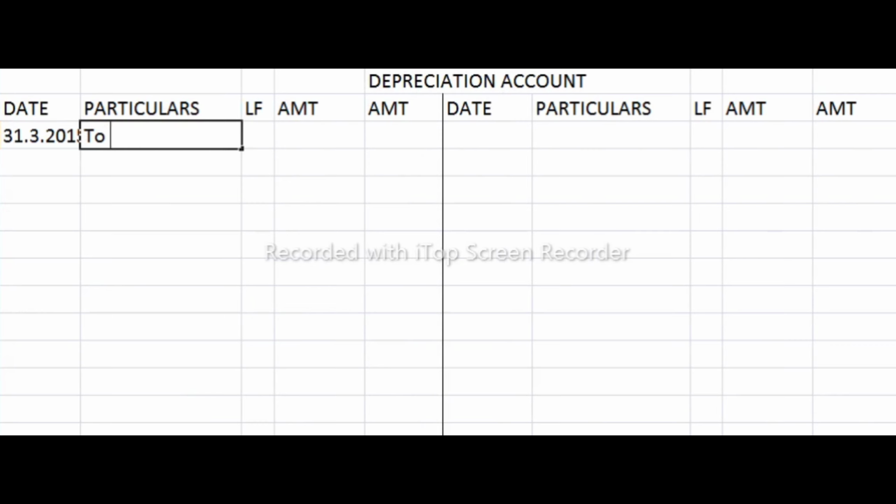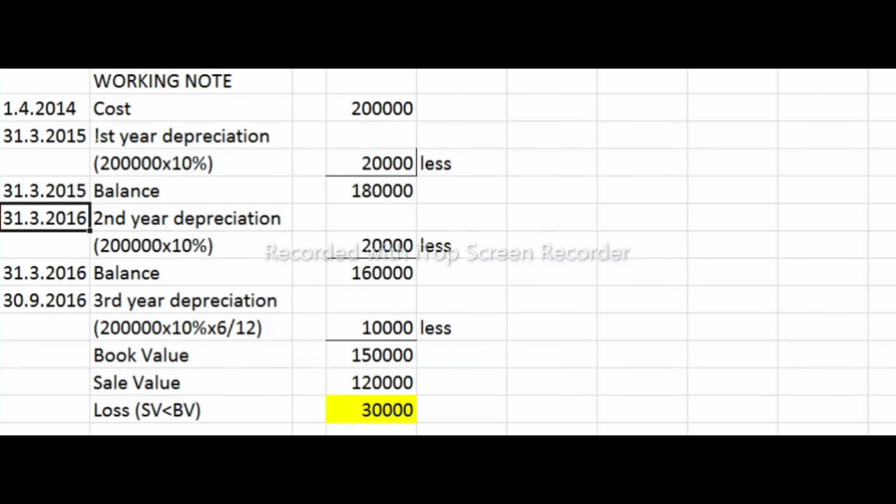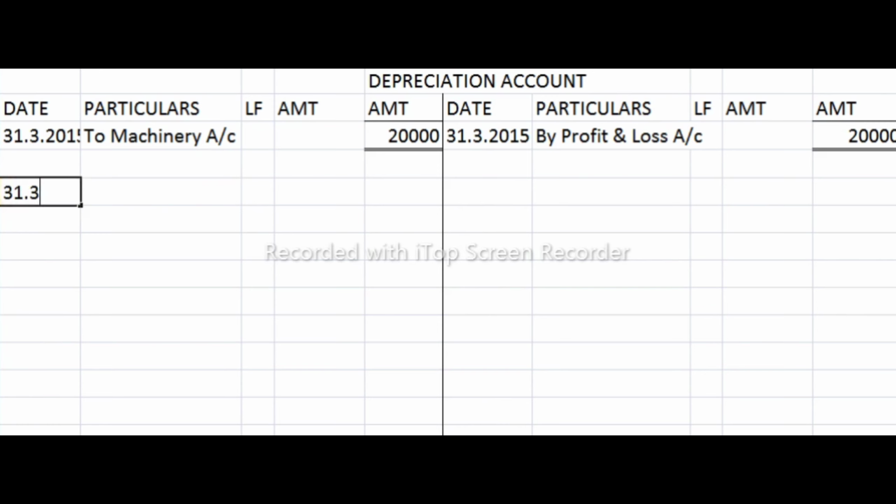So the first year depreciation is for the first machinery, which is on 31/3/2015, 20,000 rupees. So on the debit side to machinery account 20,000, and on the credit side by profit and loss account 20,000. Next, in the second year, we are going to give depreciation for the first machinery and the second machinery.